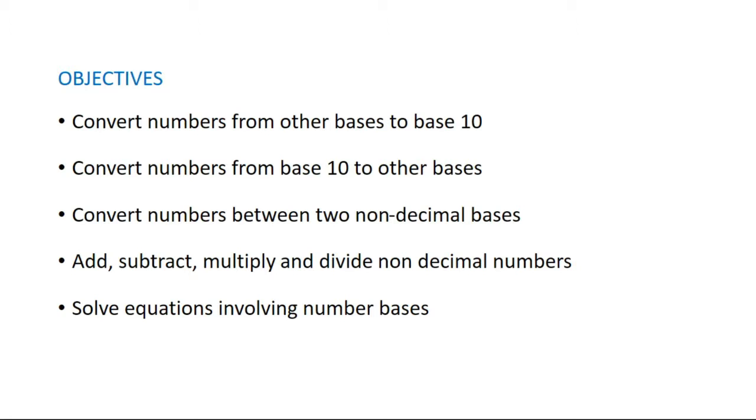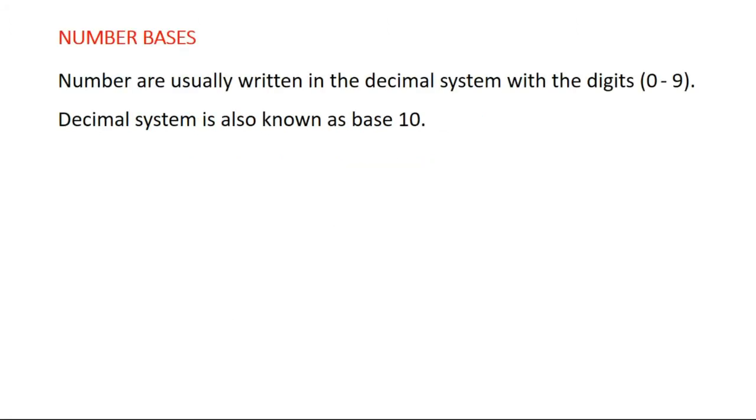So let's begin by looking at what a number base is. We use numbers in mathematics every day. Usually the numbers that we write are in a certain system called the decimal system, and we write these numbers with the digits 0 to 9.